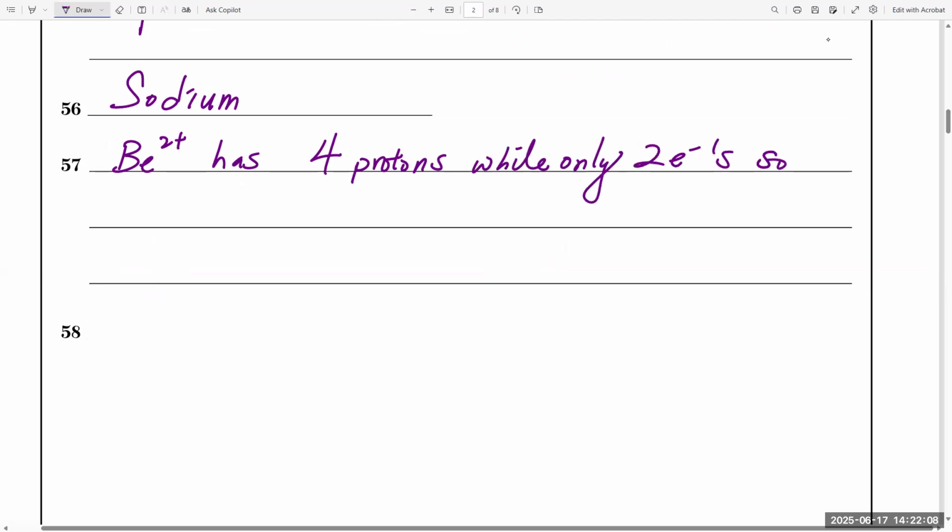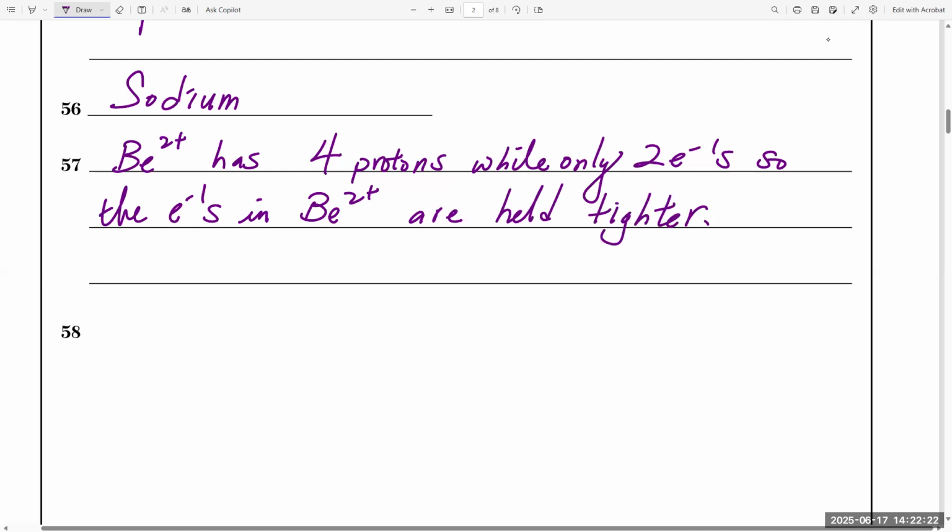So the electrons in Be2+ are held tighter, hence you get the smaller radius.